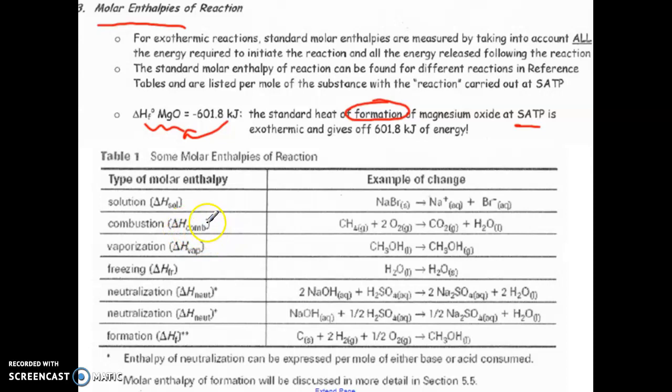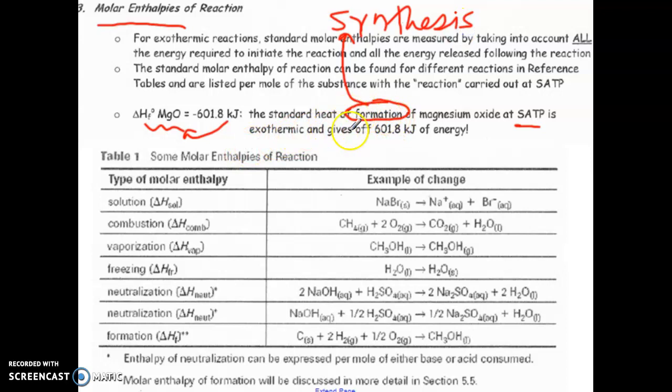For example, delta H of combustion, we've seen the delta H of solution before, delta H of vaporization, melting, etc. If you see this little F, it's talking about the delta H of formation, which is another way of saying the synthesis of that compound.